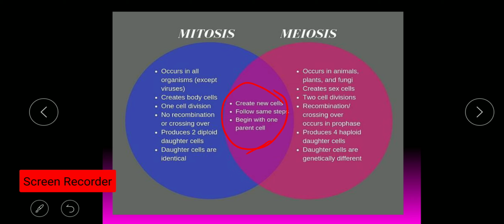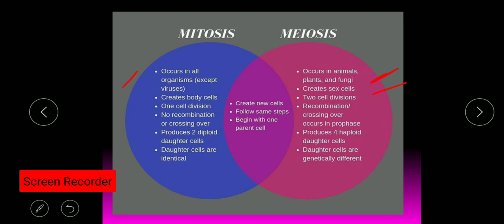But what is the difference? Mitosis occurs in all organisms except viruses, whereas meiosis is found in animals, plants and fungi, where sexual reproduction occurs. Mitosis creates the body cells, whereas meiosis produces the sex cells.